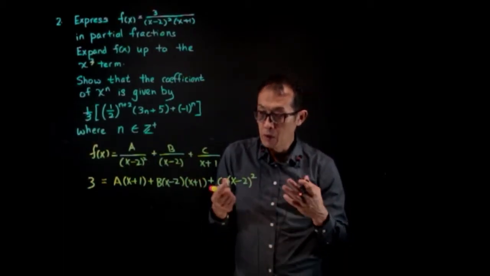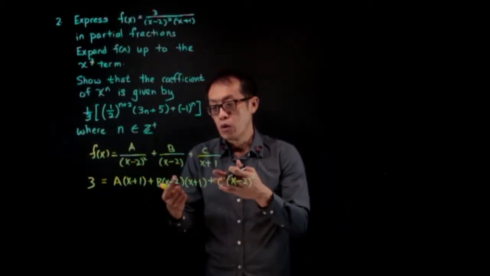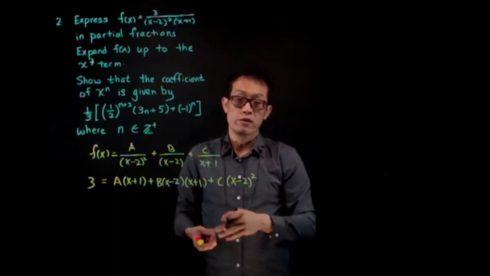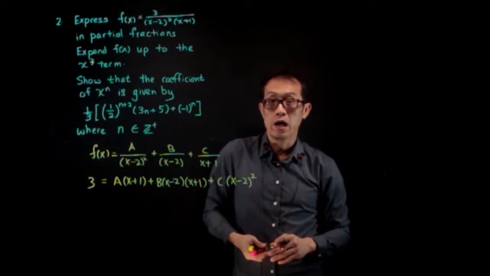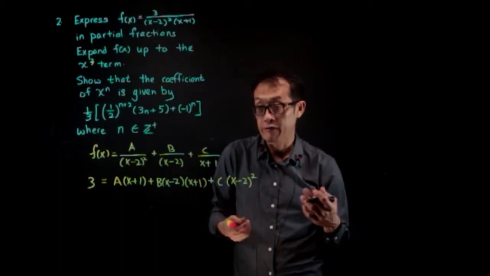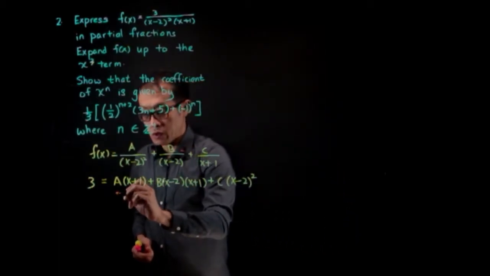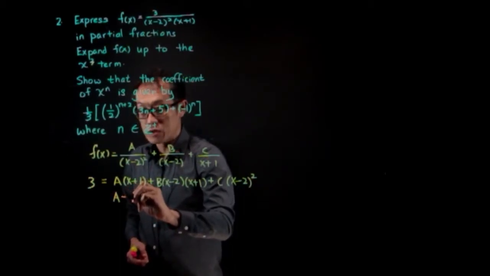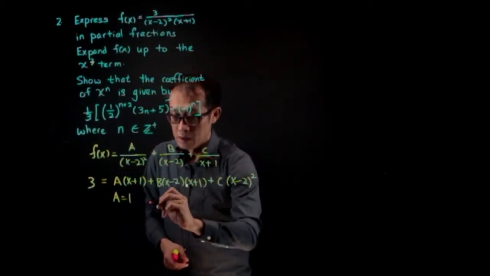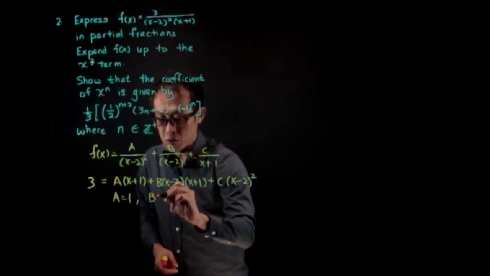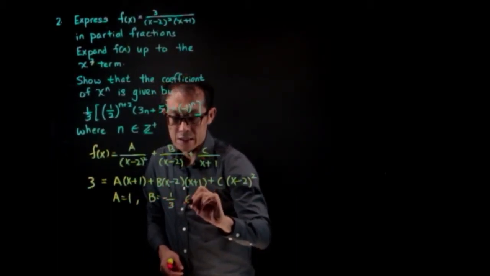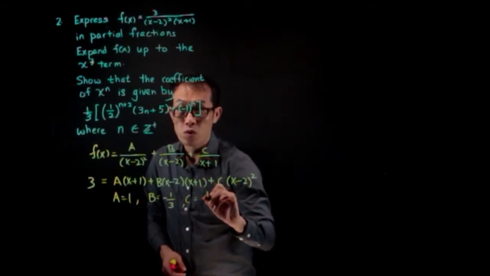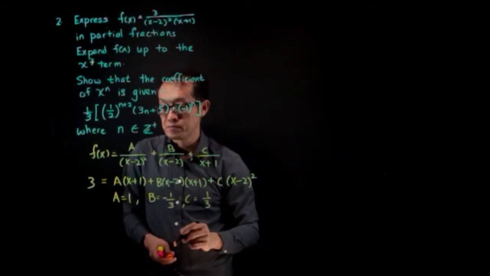Now I will not bore you with the workings to find out the values of a, b, and c, since you already know it from Sec 3 or Sec 4. So you will find that a is equal to 1, b is equal to minus 1/3, and c is equal to 1/3.